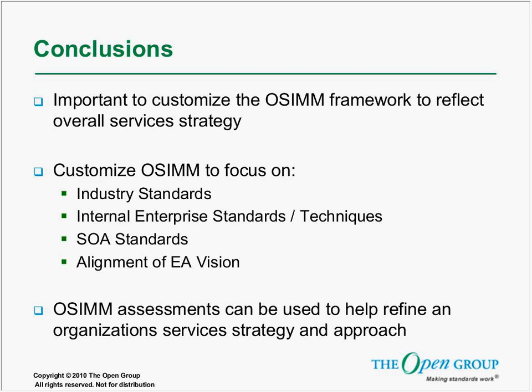You need to optimize OSIMM to focus on your EA strategy, but also industry standards adoption, internal enterprise standards, and implementation of certain techniques, like the implementation of virtualization for cloud computing. So standards, alignment of the EA vision, and OSIMM assessments can be used to help refine organizations' services strategy and approach. This is a technique, a framework, and it's there for you to modify as necessary.